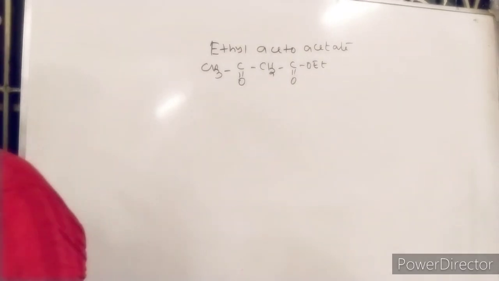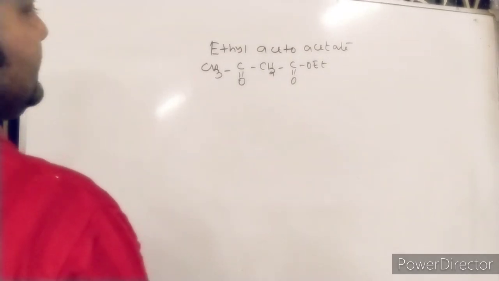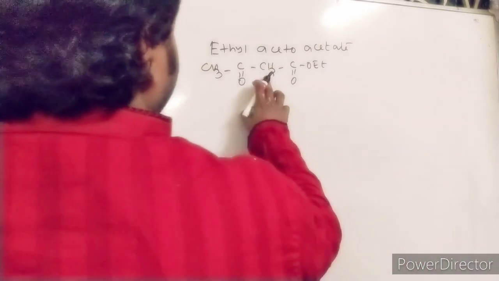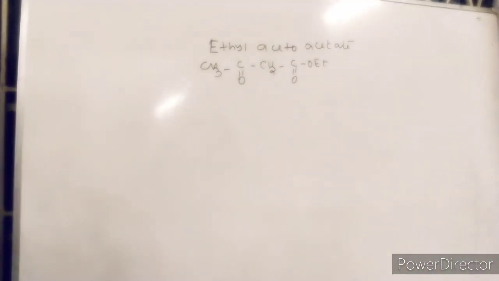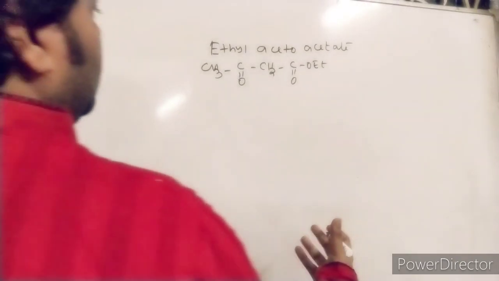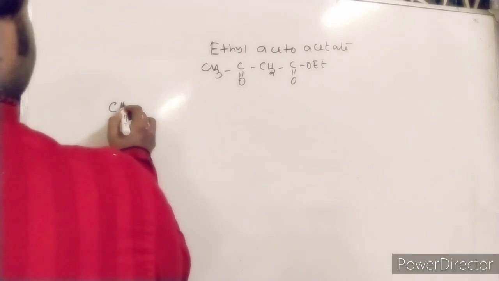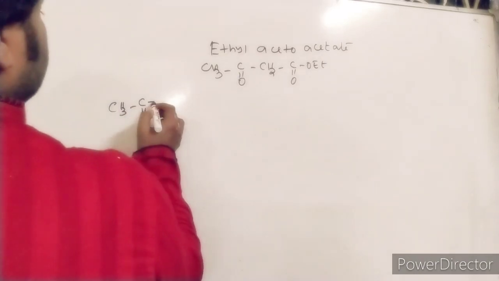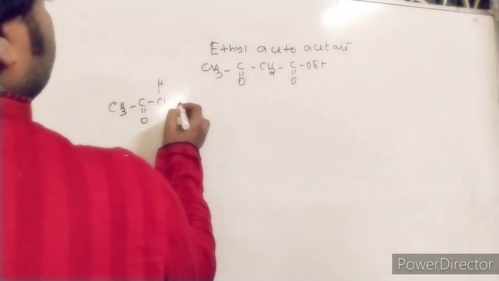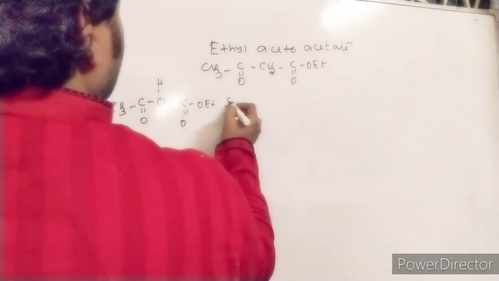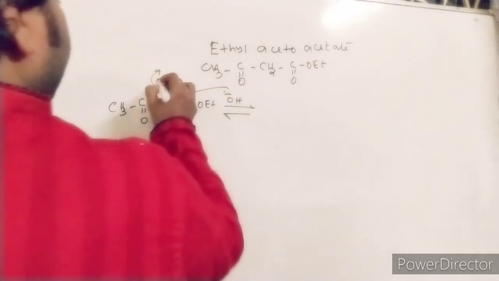Think about it. So where is the acidic hydrogen here? Ask yourself, where is the more acidic hydrogen here? Obviously at this CH2 position. Okay, so let us start with this. So CH3COCH2COOC2H5 will be attacked by OH minus, same as the earlier case.